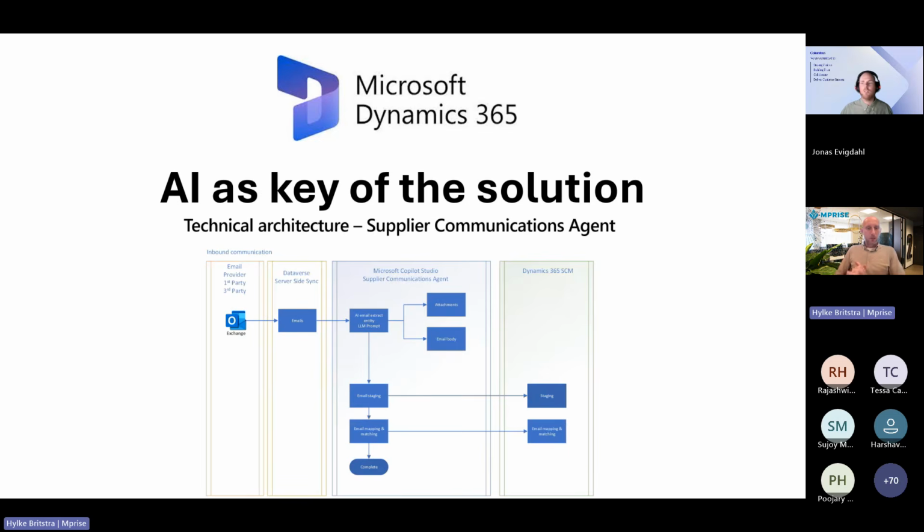Without going into too much detail about the technique behind the agents, AI is the key in the solution of an agent, but other automation options are also involved. In many solutions, you also have cloud flows, Power Automate flows, and Dataverse involved. So an AI agent is not only AI.